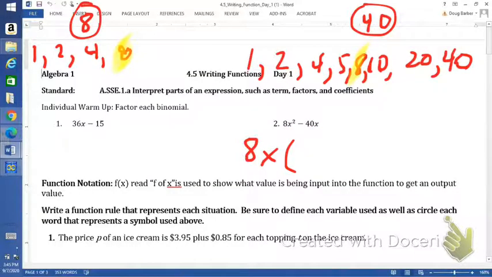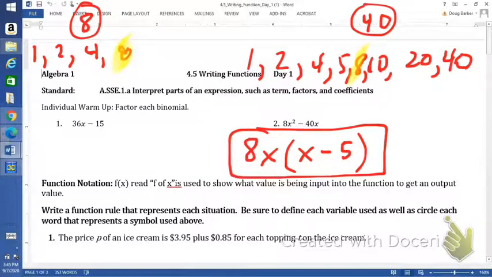Now you ask yourself, 8x times what gives us 8x squared? Well, x. 8x times what gives you a negative 40x? Minus 5. And this is your factorization.